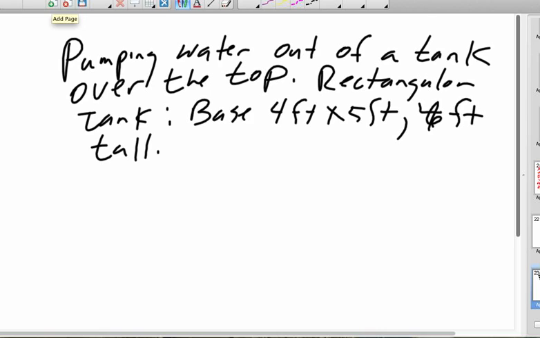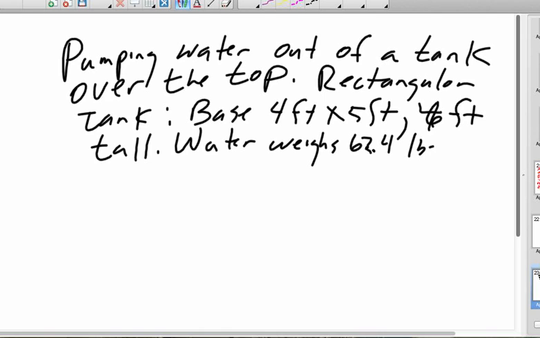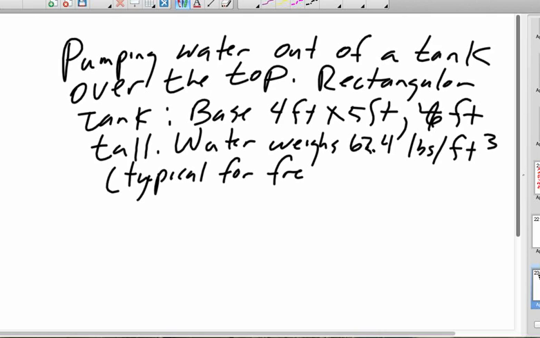The water weighs 62.4 pounds per cubic foot, and this is pretty typical for fresh water. Salt water is a little bit denser, it's 65 point something.